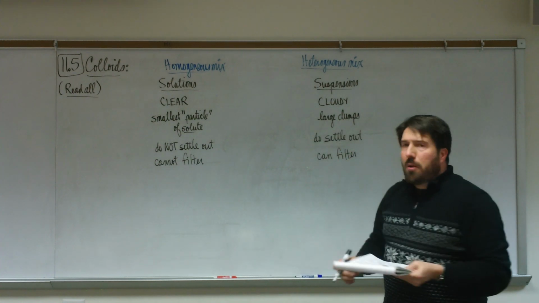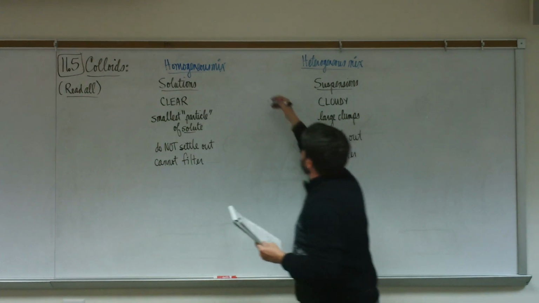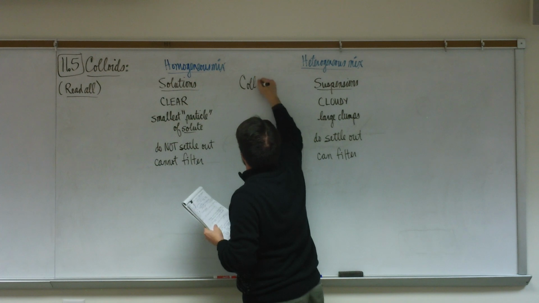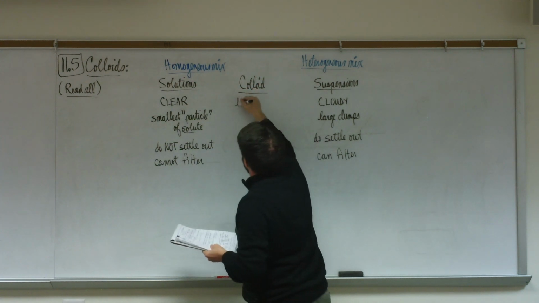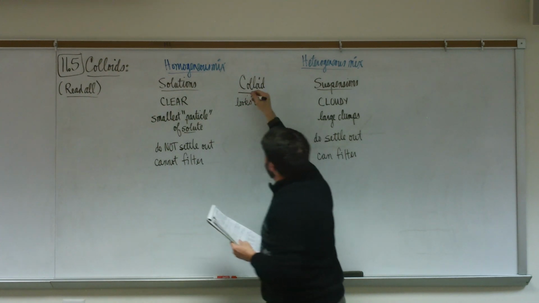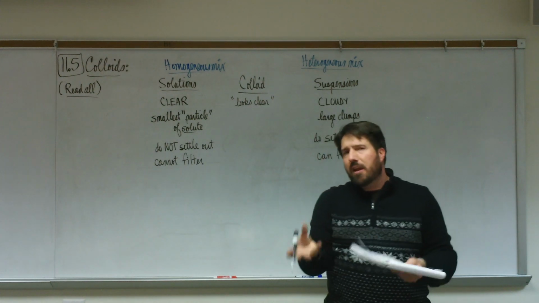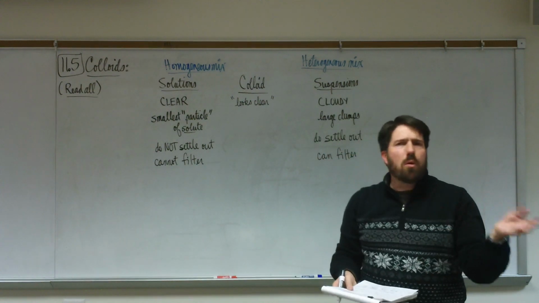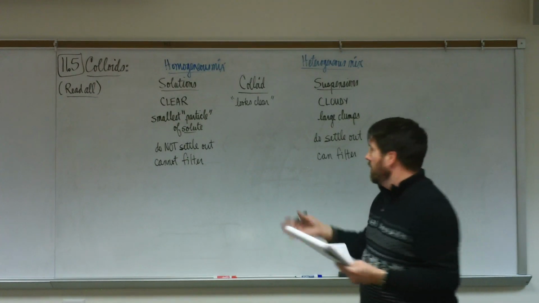Now, let's talk about colloids, which I haven't put in yet. If we were to meet a colloid, I'm going to claim that it kind of lives in the middle. If we were to look at it, it looks clear, generally speaking. Now, maybe there will be some examples that won't, but most of the time, if you look at a container that has a colloid, it won't look like it's cloudy. It will look clear under normal circumstances.